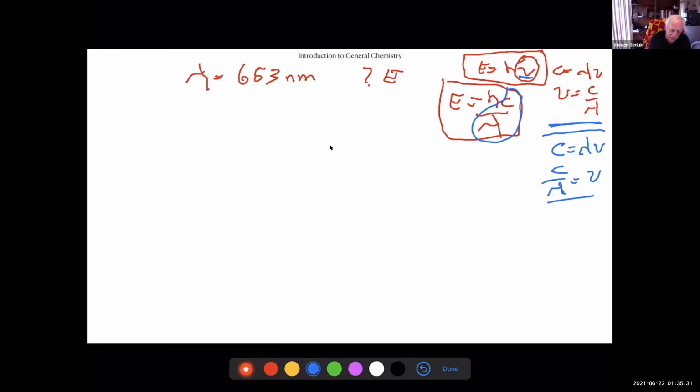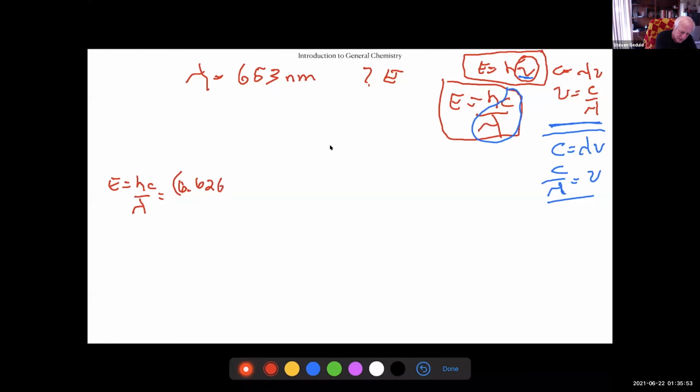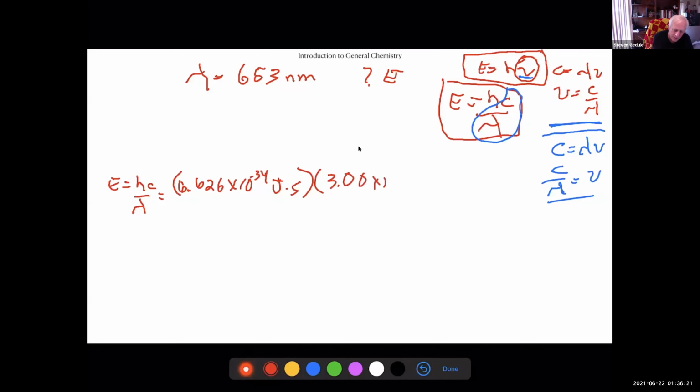So then I got that formula. Okay. So now I got energy equals hc over lambda. I know h. h is 6.626 times 10 to the negative 34 joule seconds. And the speed of light is 3.00 times 10 to the 8 meters per second.